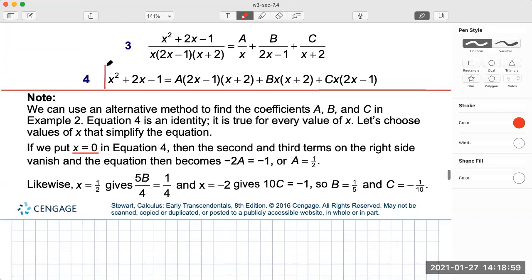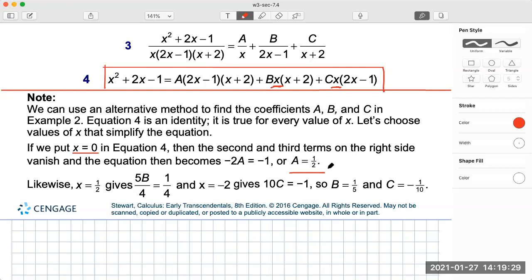Look at this term. If we consider when x is equal to 0, then luckily this term will disappear. This term will disappear, right? The left-hand side will become a number, and the right-hand side, we replace x by 0, and we can find easily that a will be 1/2, a lot faster.